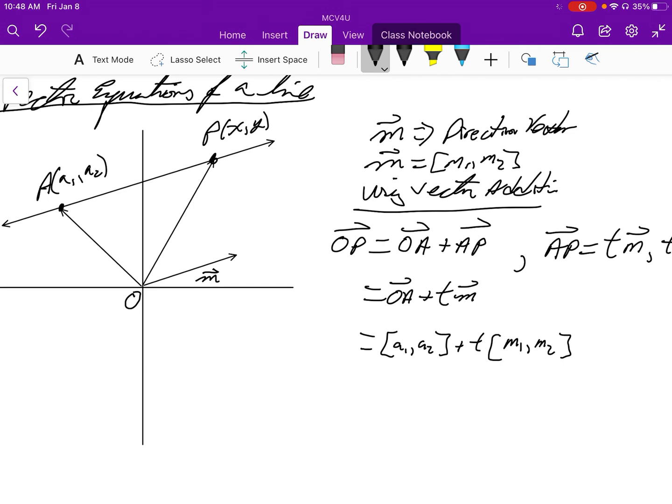OP, again, gives us our X and our Y, okay? So if we have a point that's on the line and the direction vector, we can come up with a vector equation. So this itself is the vector equation of a line in two space, using the direction vector and a point, all right?